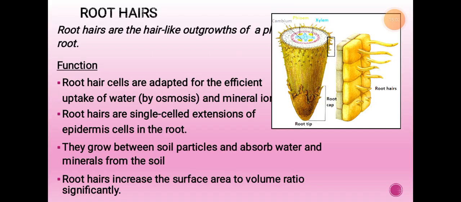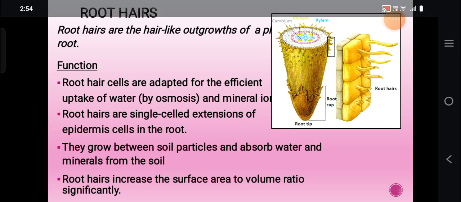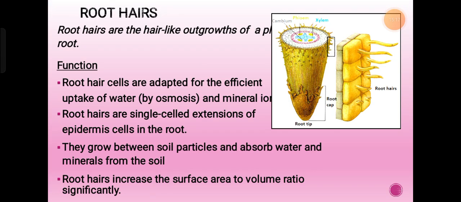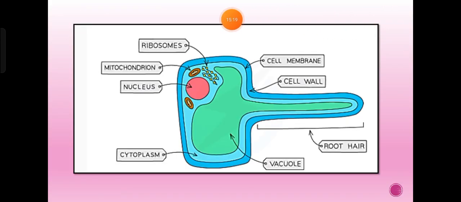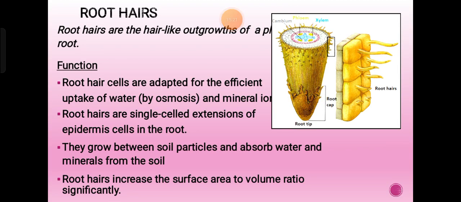Okay, so now we are having root hairs. What are root hairs? Root hairs are hair-like outgrowths of a root. They are a very important part of a plant body, and they are outgrowths of the root, hairy structures, like a woman having hair.